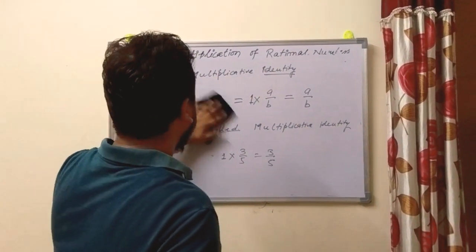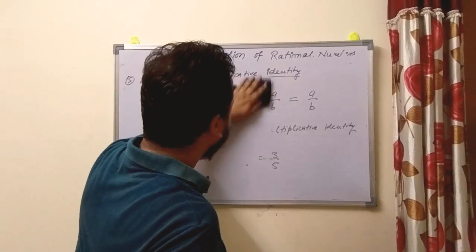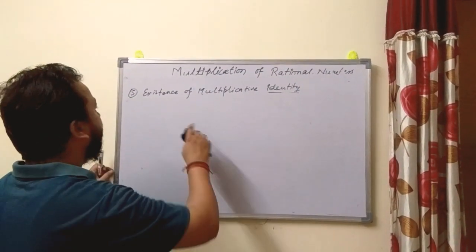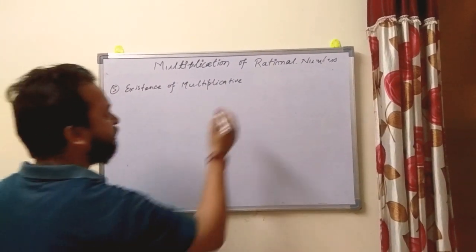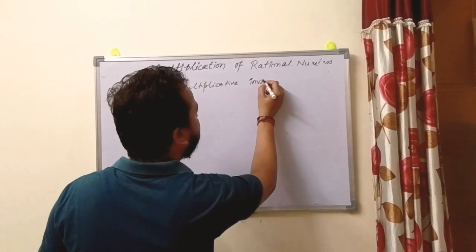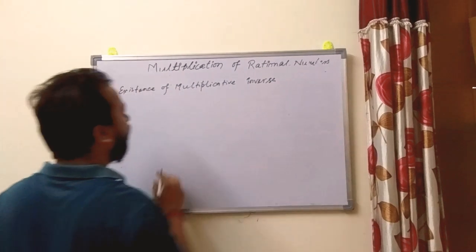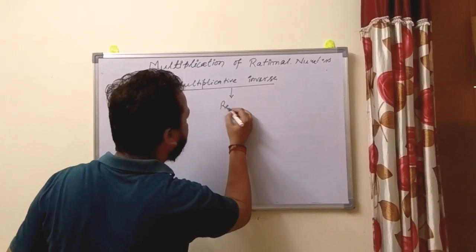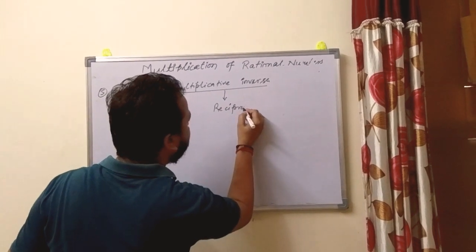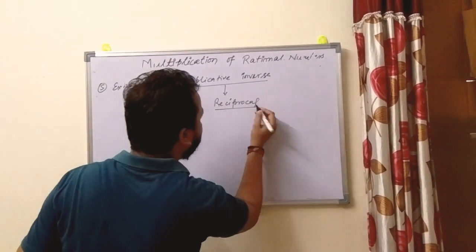Come to next property, that is existence of multiplicative inverse. So multiplicative inverse means reciprocal, right?